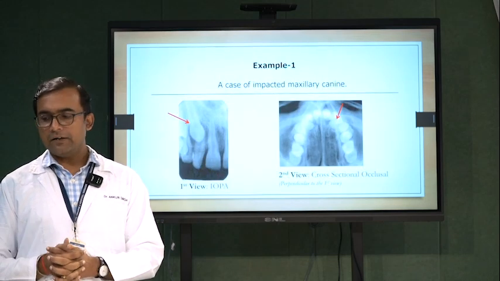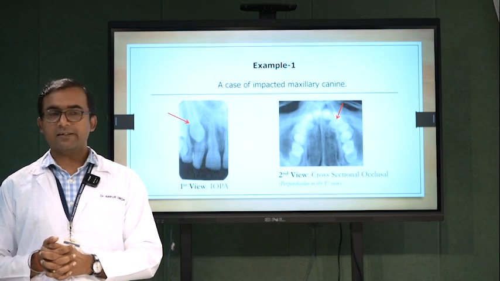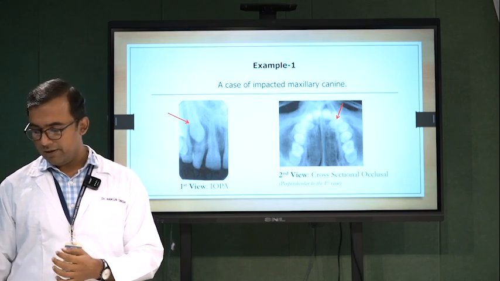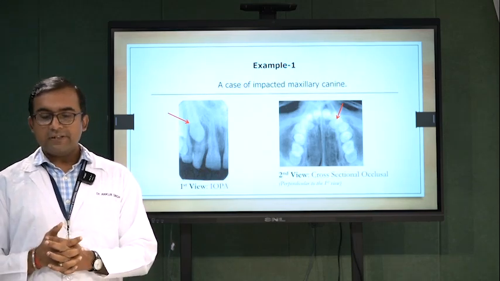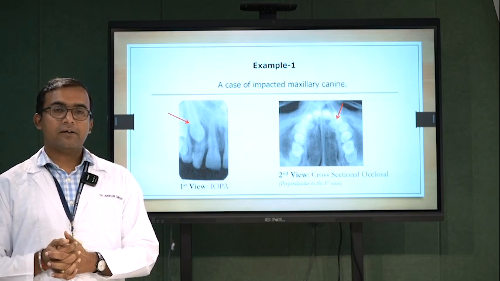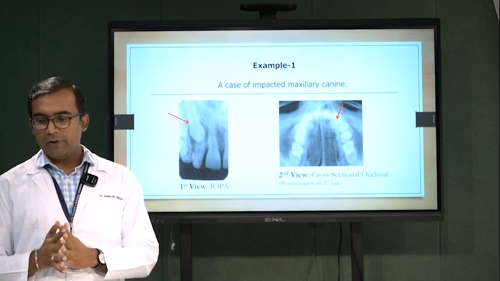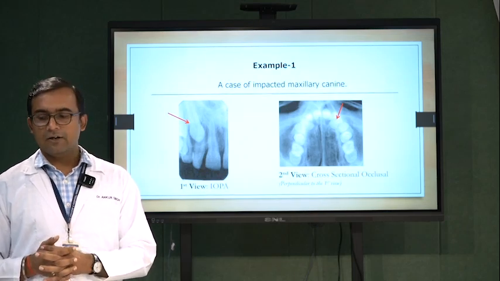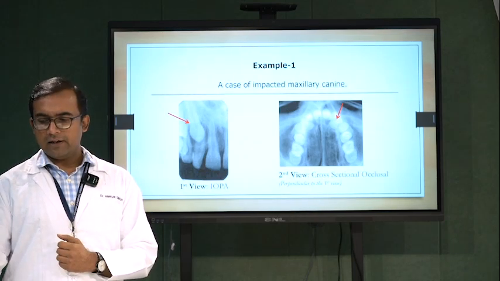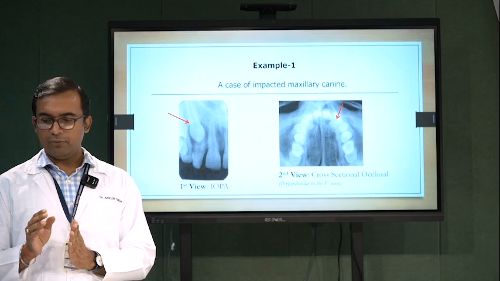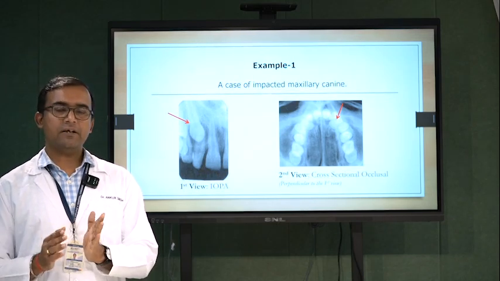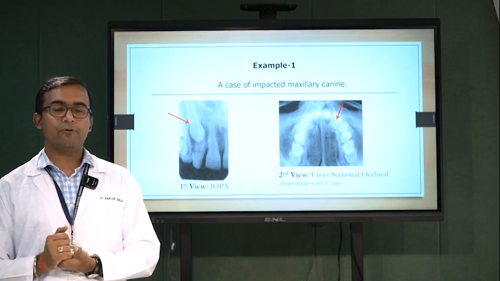So this is the first example, when there is an impacted canine in the maxilla. It is in the second quadrant. The first image on the left shows a normal IOPA with the arrow pointing towards the impacted canine tooth. We know that the impacted canine tooth is at the middle to apical third of the deciduous tooth, but whether it is present palatally or buccally, that we don't know.